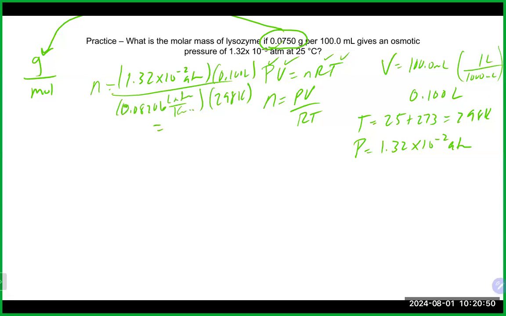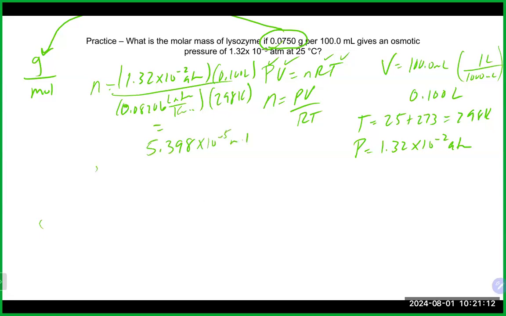Popping all those numbers in there, 1.32 times 10 to the minus 2 times 0.1, divided by 0.08206, and divided by 298, is going to give us some moles of, looks like, 5.398 times 10 to the minus 5 moles.